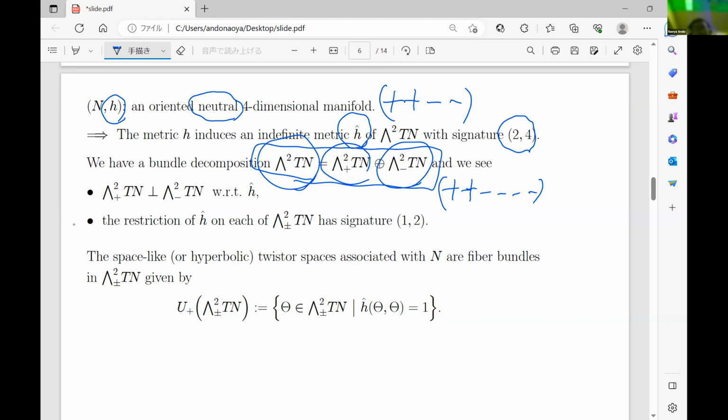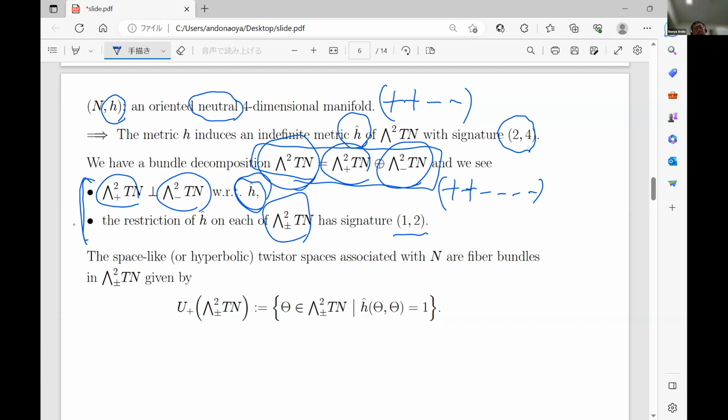Then we see that these subbundles are orthogonal with respect to H hat, and the restriction of H hat on each of these subbundles has signature (1,2).